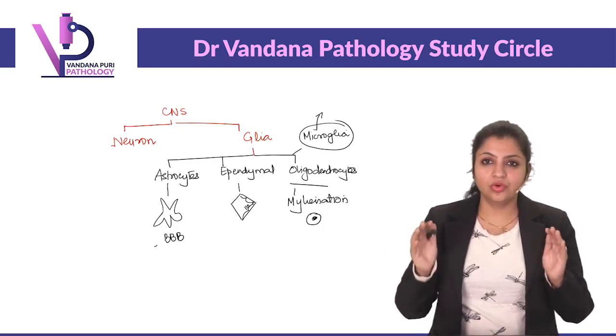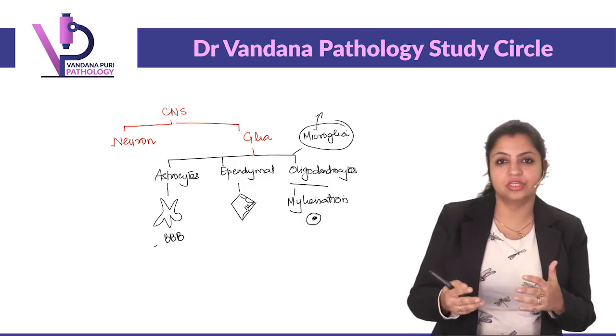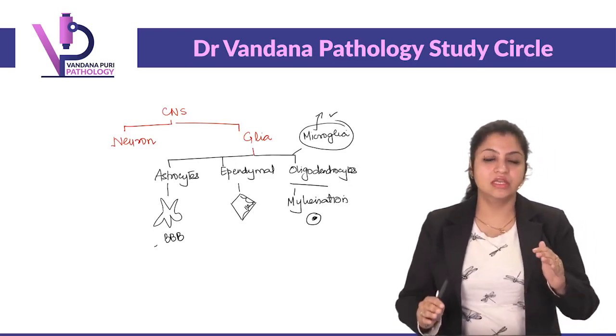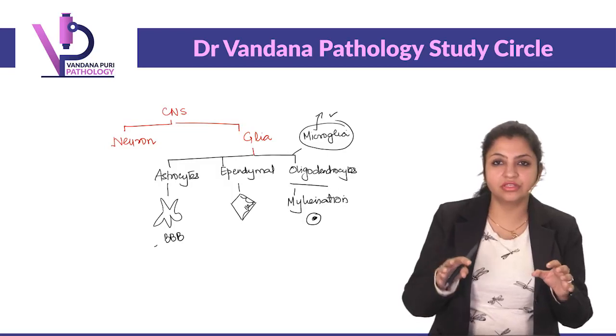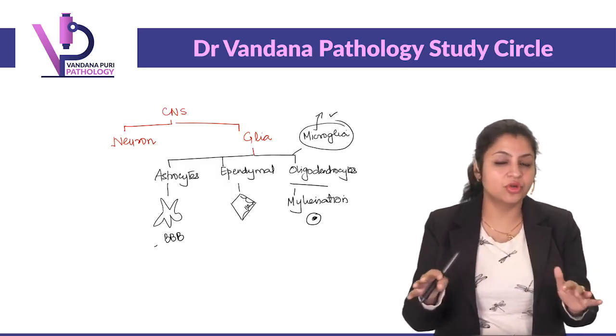Now, if somebody asks you what is the second cell to respond to injury after astrocytes, that is microglia cells. Whenever there is some injury or infection, they will quickly rush, activate, and try to respond to injury.